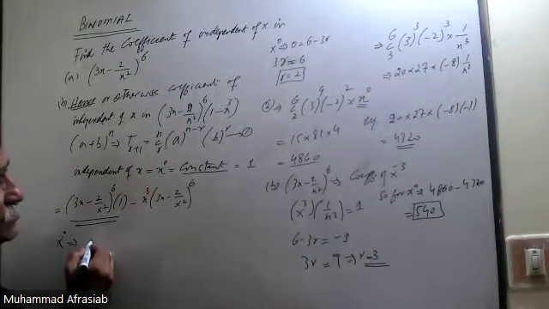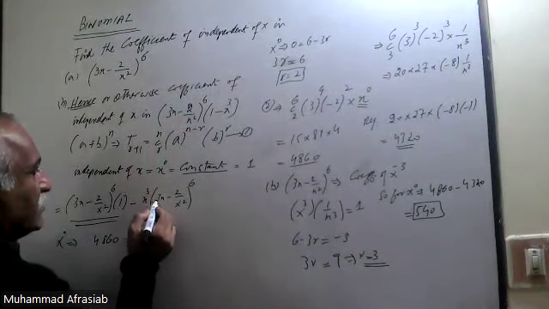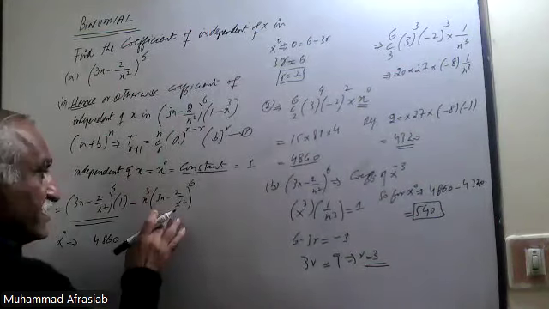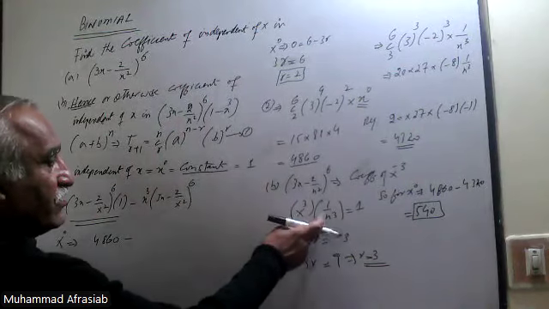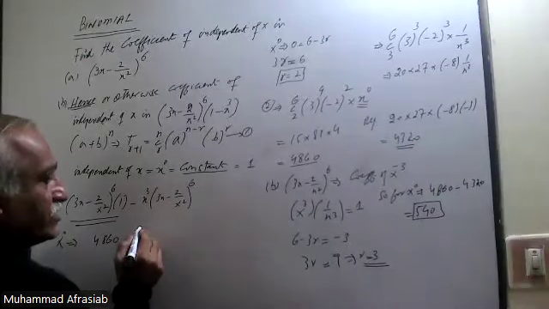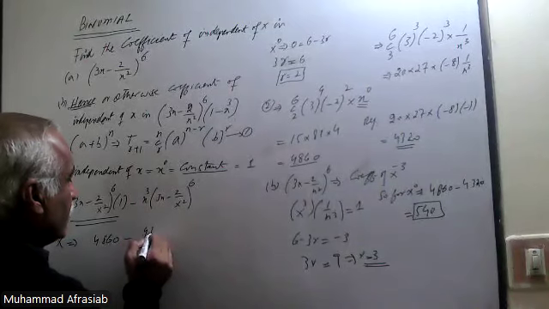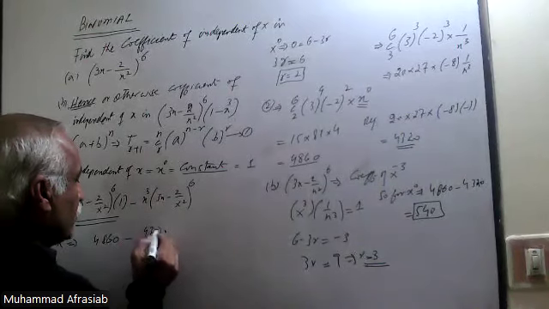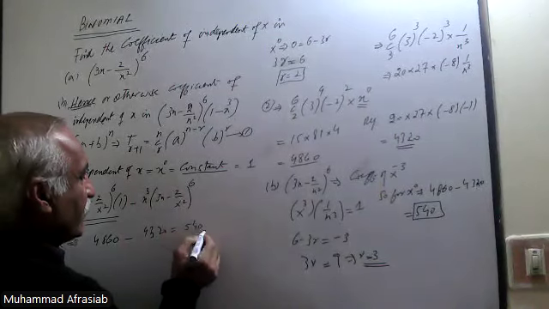That answer is equal to 4860 minus, this is going to be calculated when this equation gives the expression like this, where it is x cubed and 1 over x cubed, that is going to be cancelled out. So it should be equal to 4320, and the final answer is again 540.